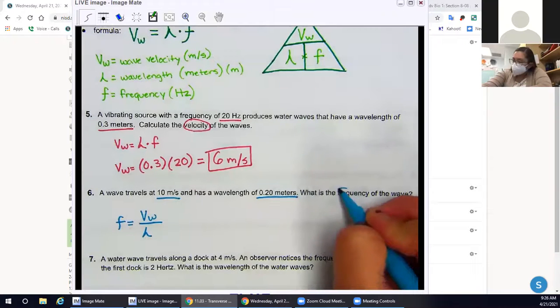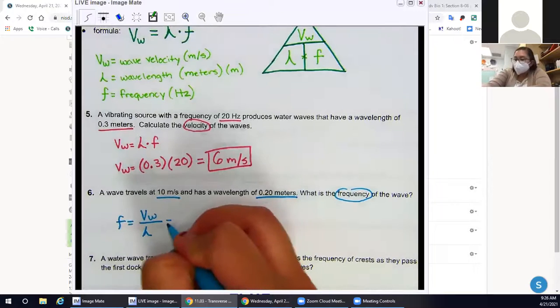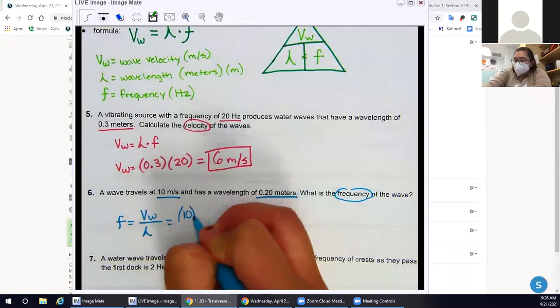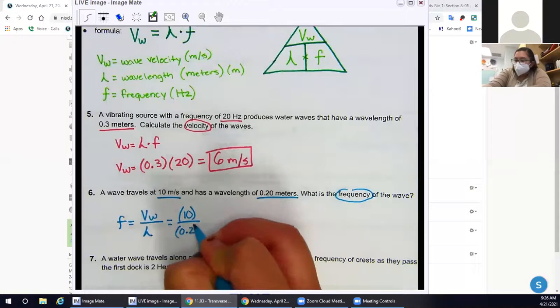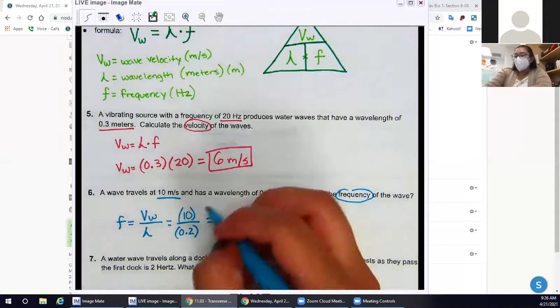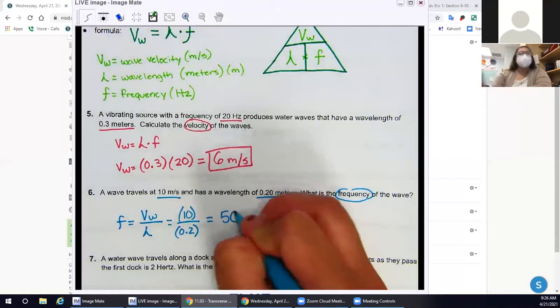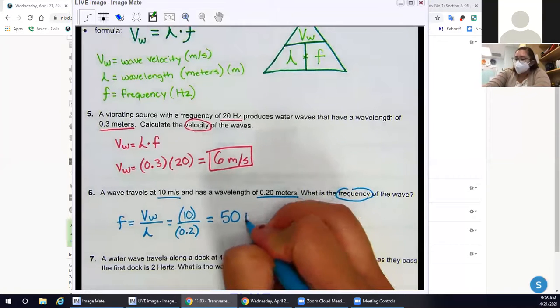And I'm looking for frequency. Plugging all that in, I have 10 over 0.2, which gives me 50, and my units for frequency is hertz.